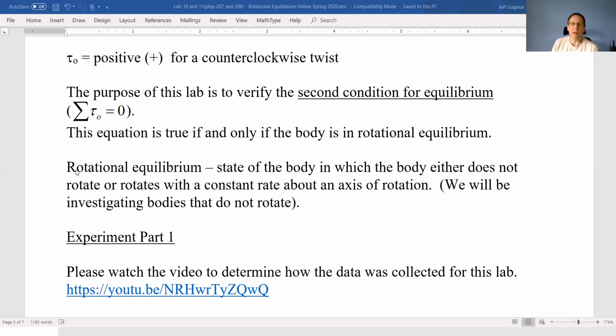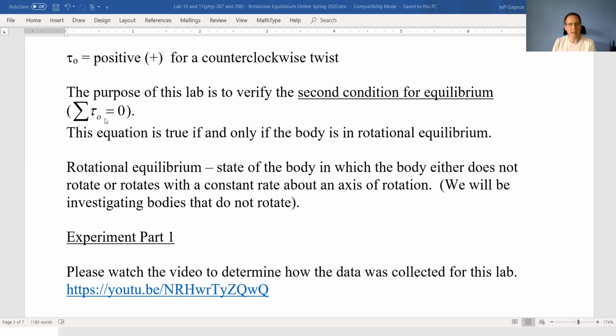Now, what's true if an object is in rotational equilibrium? Well, it turns out that if I calculate the sum of the torques, so this equation right here, the sum of the torques about any point that I choose for my axis of rotation, it has to sum to 0. So that's the condition for something to be in rotational equilibrium.